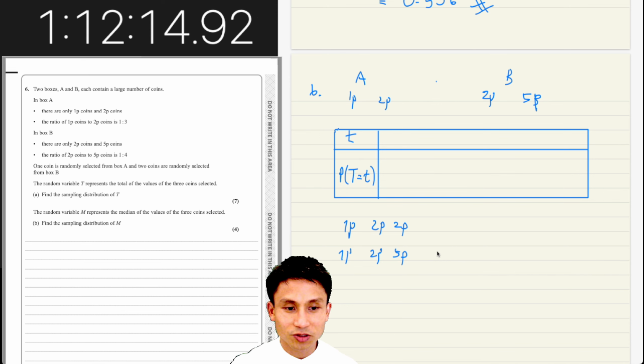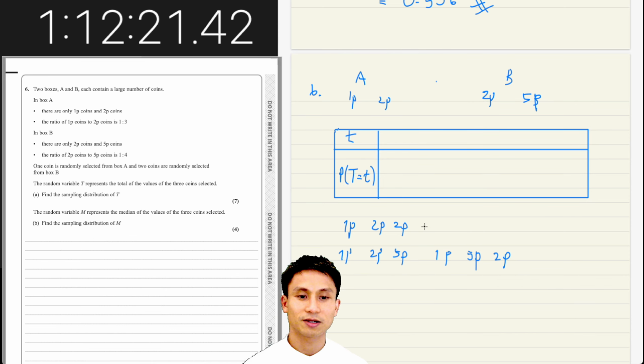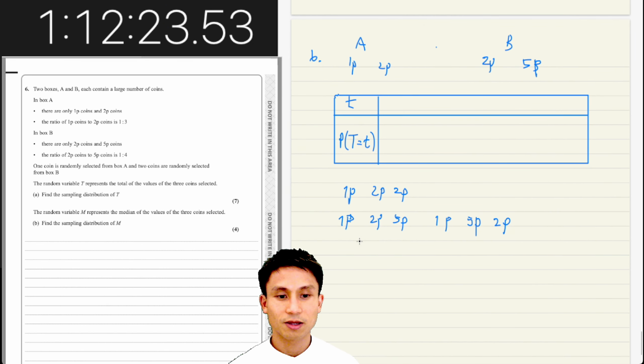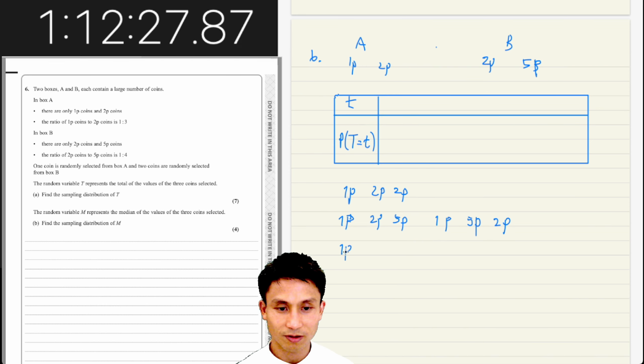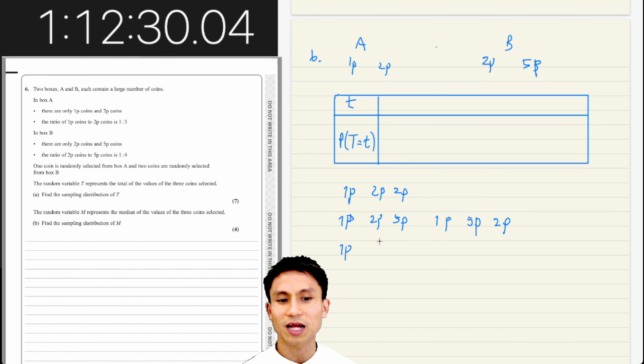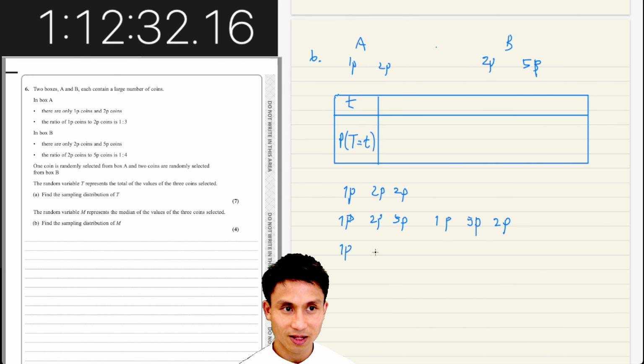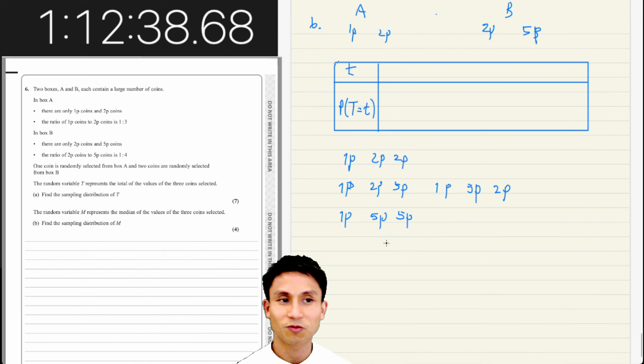And this can be also 1 pence, 2 pence, 5 pence, 2 pence, right? Yeah, it's just kind of like tree diagrams. All right. And then I could also have 5 pence and 5 pence, right? That's it for the 1 pence.